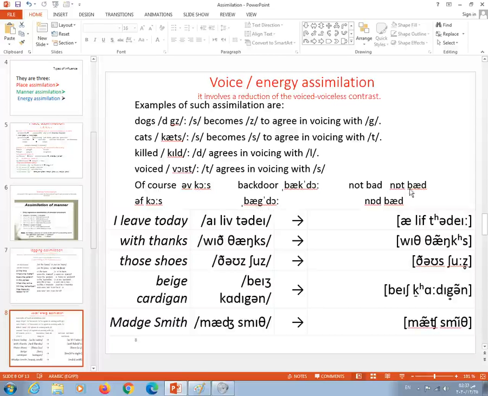So the "t" and the "b" mustn't be far apart, so what do they do? "T" must change into its voiced sister, which is "d". So we have not bad.